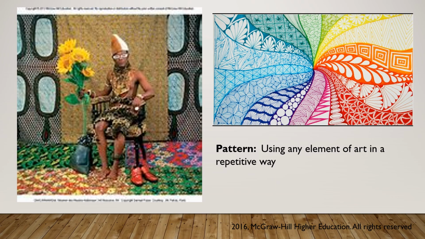And here again is pattern, which again, I already said I don't agree with where they put it. But pattern is using any element of art repetitively, whether it be in fabric. This is not a super clear picture, but you can see in fabric, we have a lot of different patterns.